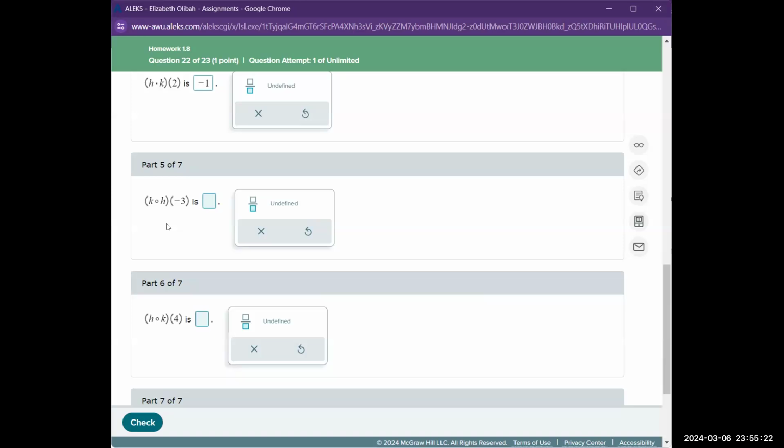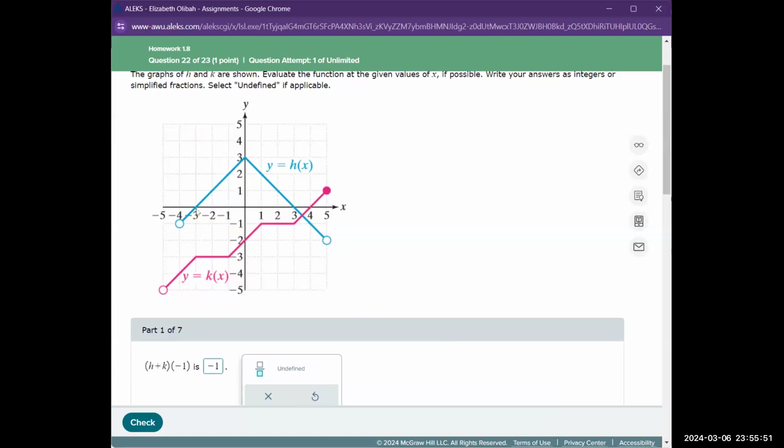And now finally a composition. This is where it's a little trickier because I need to make sure I find out what is my answer when I plug in -3 to the h. I need to get that answer and plug that into the k. And by plugging in with a graph, I mean finding out what the value is at that point. So -3 is like my x. I need to find out what's going on with the h graph at -3.